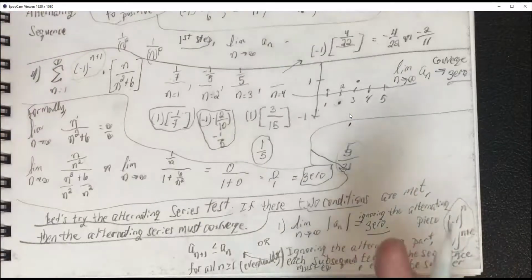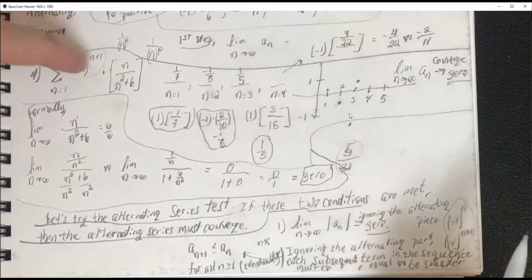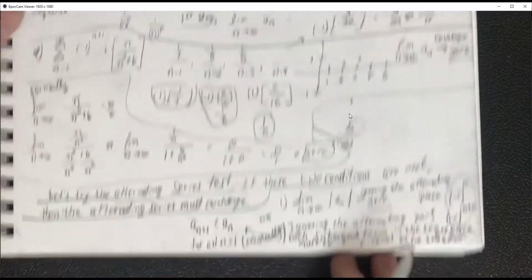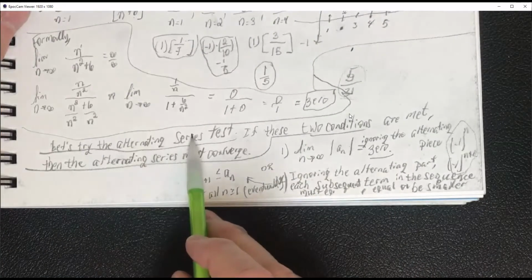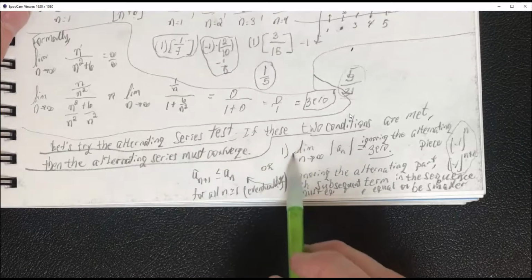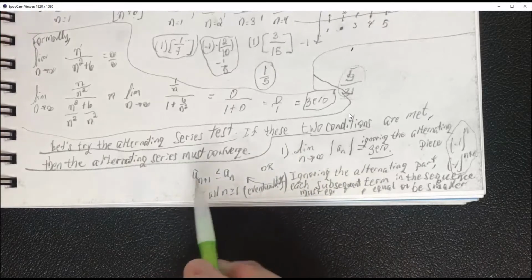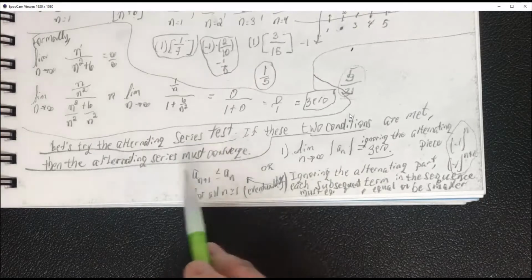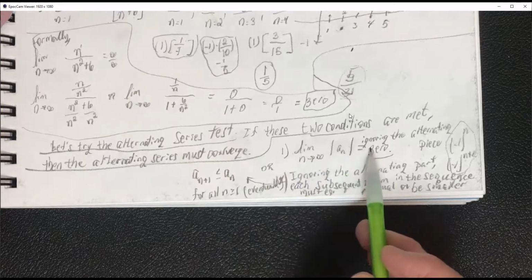That means we need to explore further, because the sum of these terms could still converge. We don't know yet. So we explore further, and we're using the alternating series test. If these two conditions are met, then the series must converge. The first condition is the first step that we already had done.